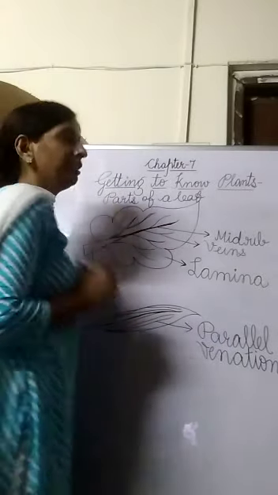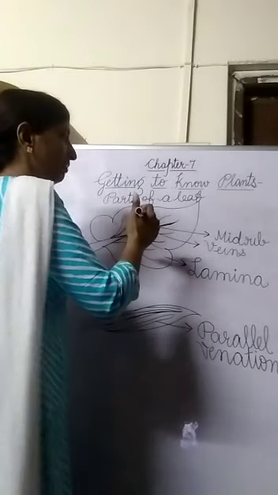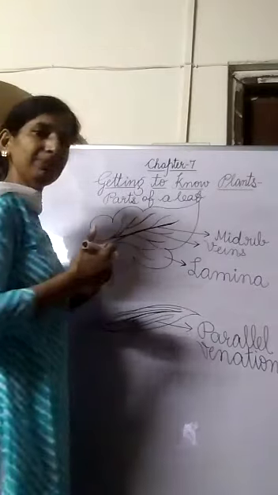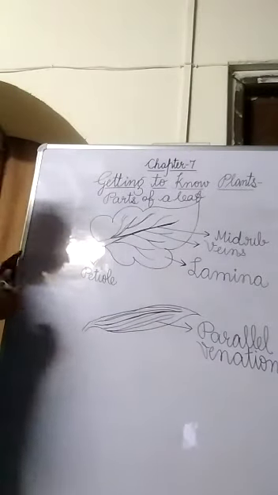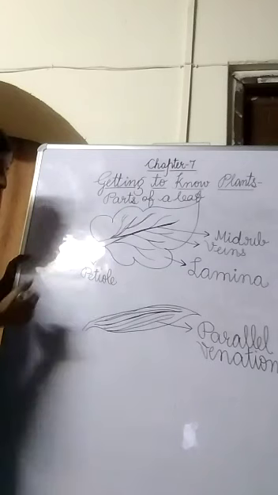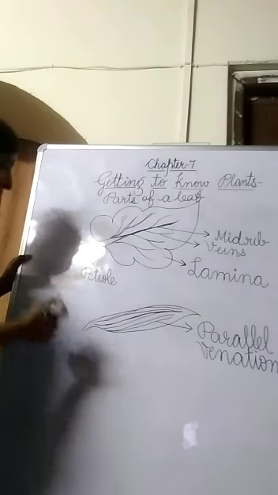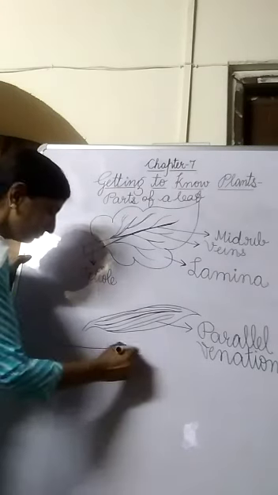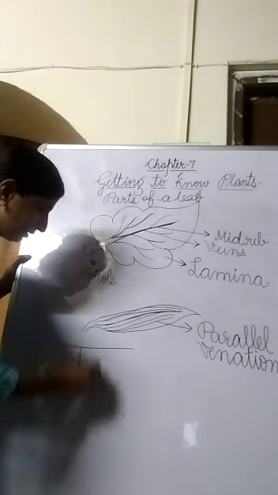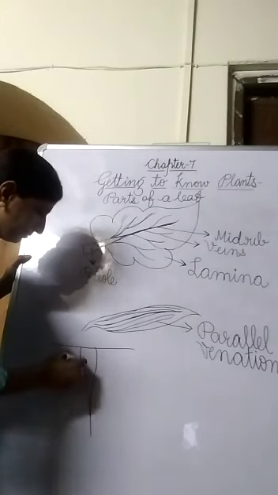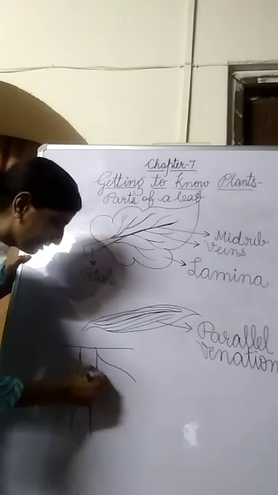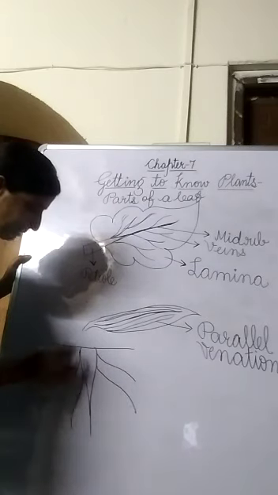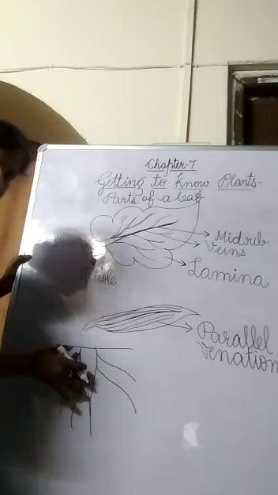One more thing you will observe, the connection between the types of leaves and types of roots. Now we will discuss two types of roots. This is taproot. In taproot, there is a main central root, a main thick central root.